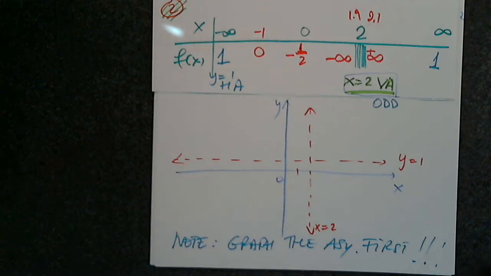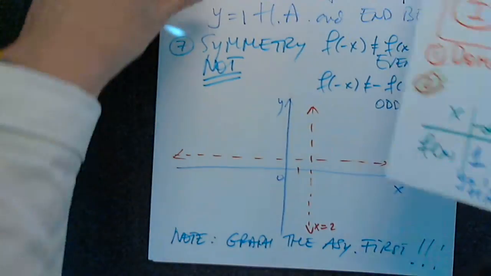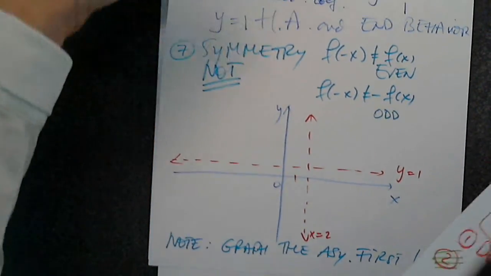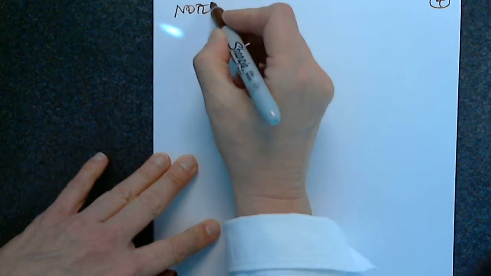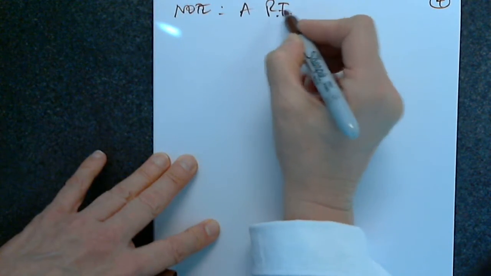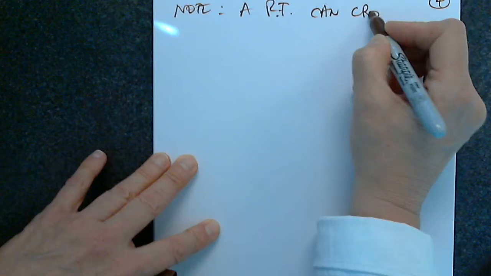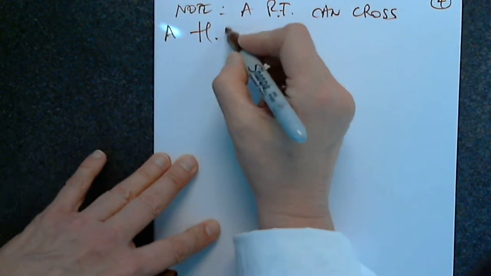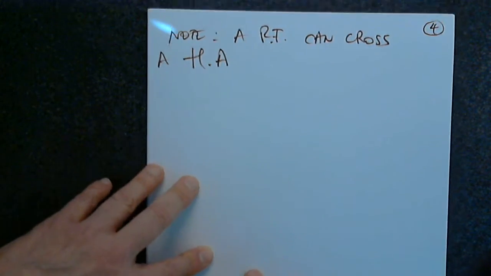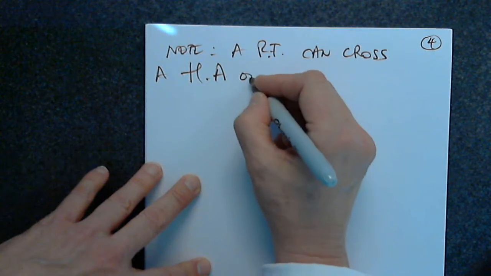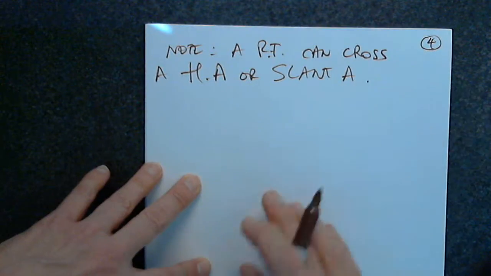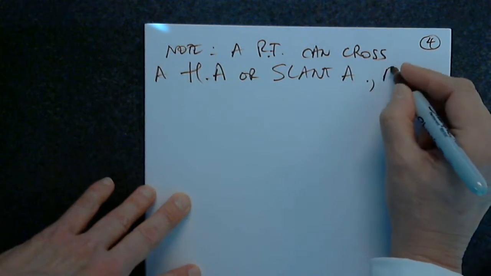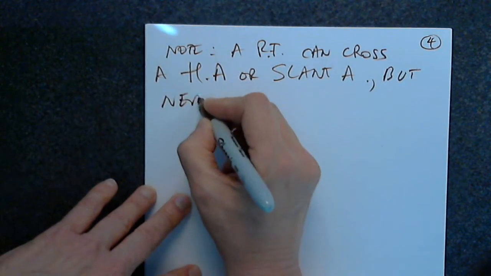Another note, please. Just 1 second, I just want to add a note and I'll come back. Another very important note. A rational function can cross a horizontal asymptote or slant asymptote, we haven't talked about those yet, but never what do you think?